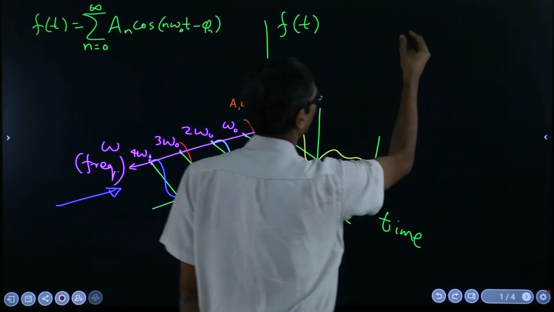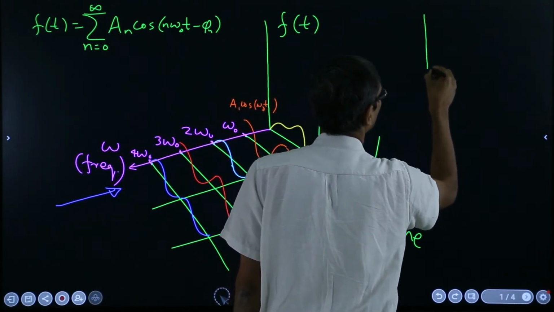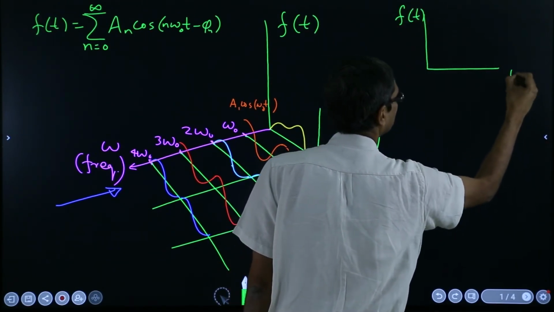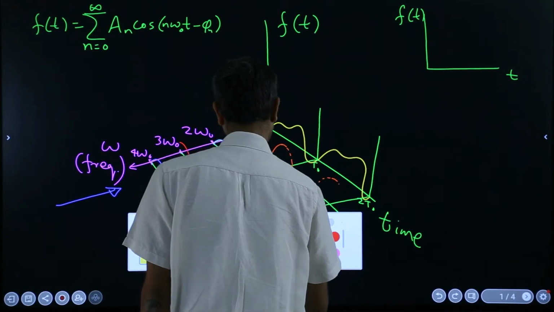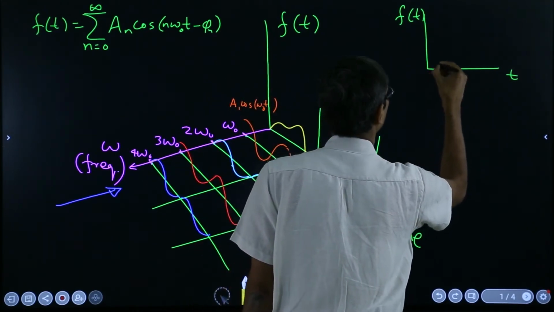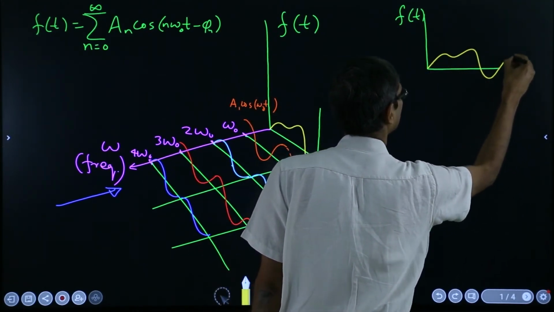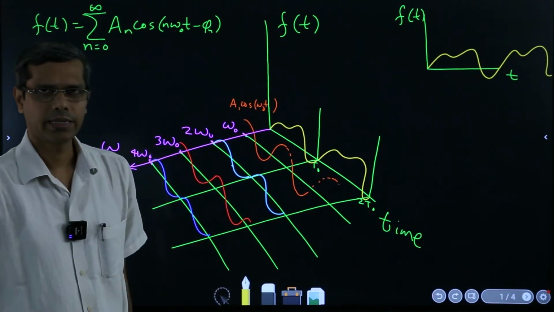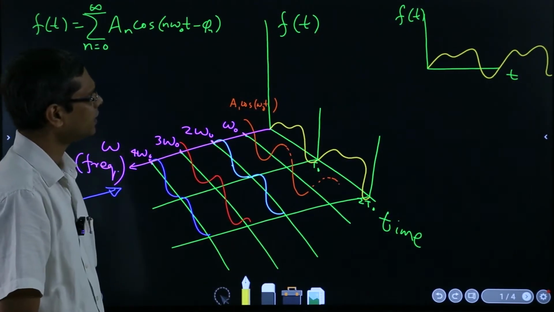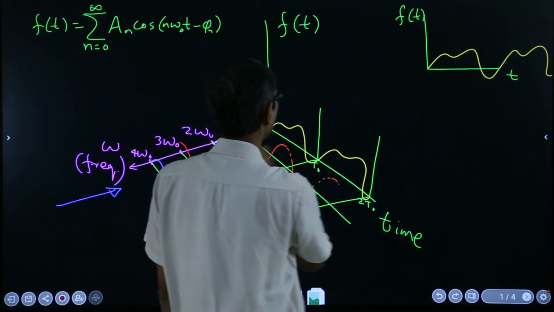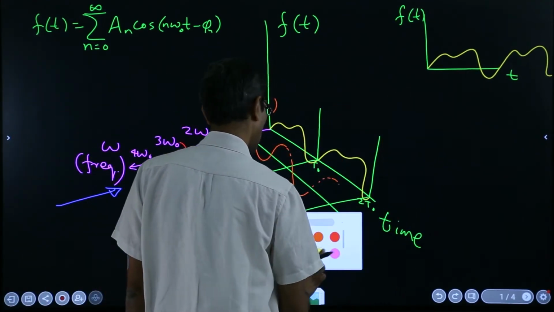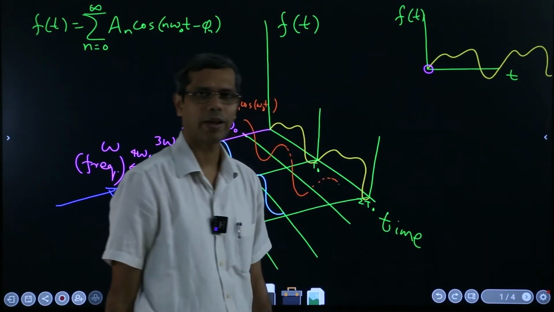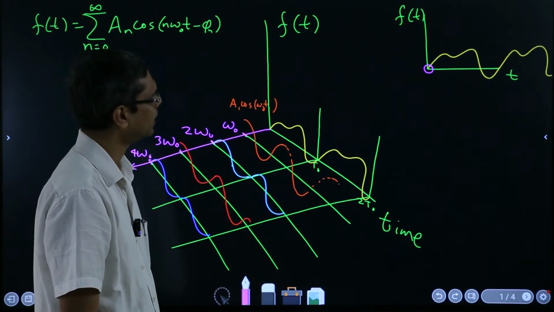So this is f of t, this is t, and I'll just see the time function just like that, which is periodic in time. And the omega axis is coming out from the blackboard towards the viewers.